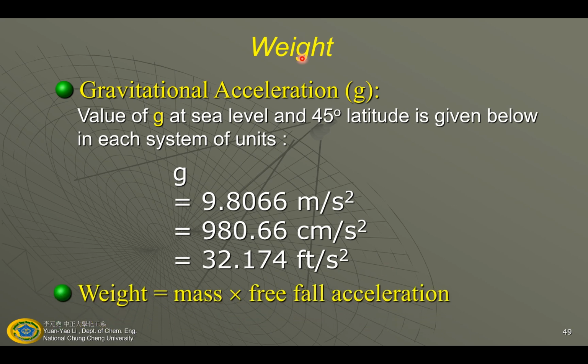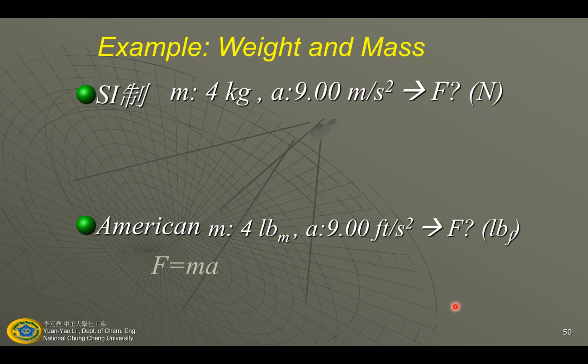So we all know that weight is the mass times the free fall acceleration. So this is the example. In the SI system, if we want to know the force, if we have 4 kilograms and the acceleration is 9 meters per second squared, force equals mass times acceleration.